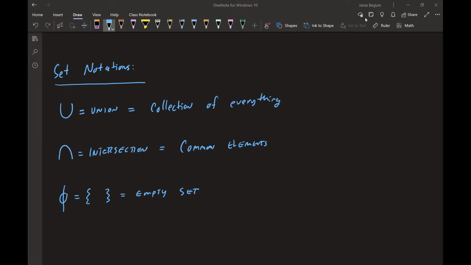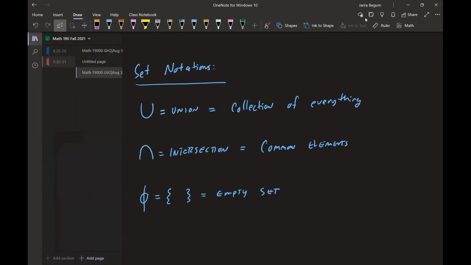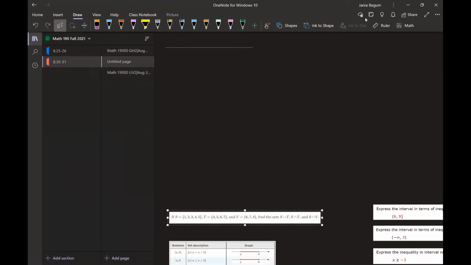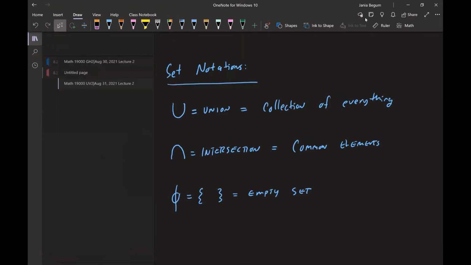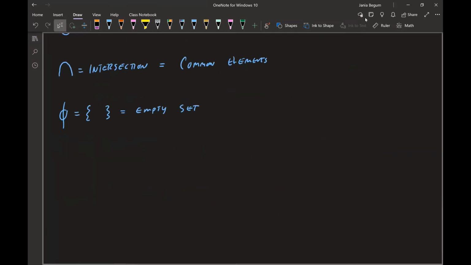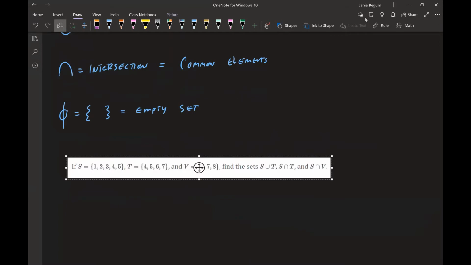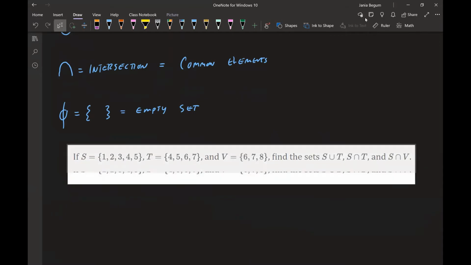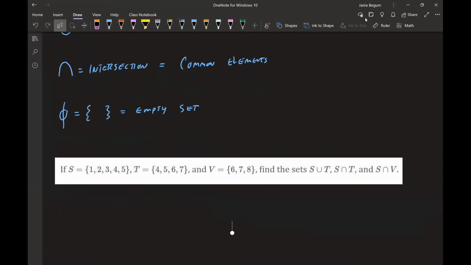Now let me give you an example to work on. We have 3 sets, and I want you to find their intersection and union. So S is equal to the set containing elements 1, 2, 3, 4, 5.